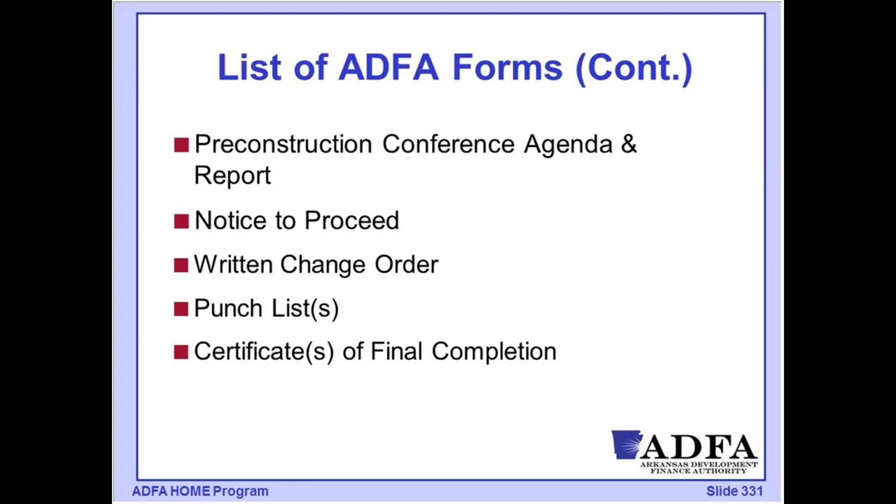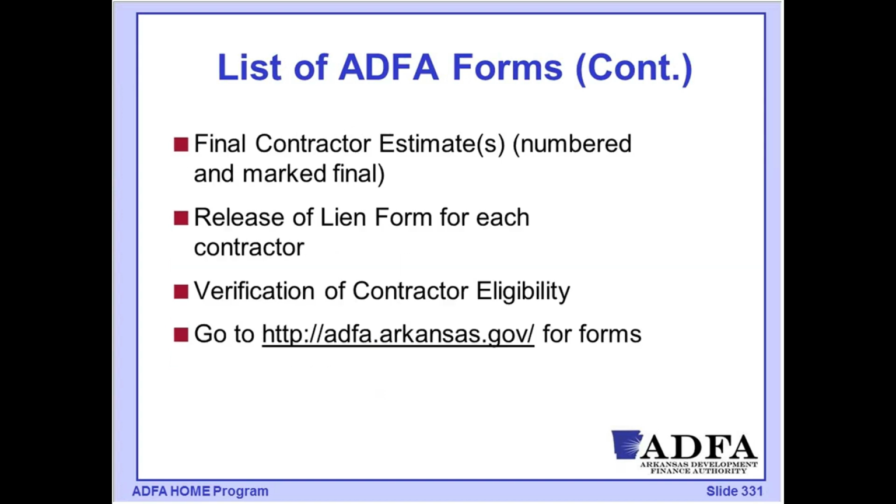And then there are standards for an agenda and a report for the pre-construction conference, for the notice to proceed that would be issued, the change order forms and punch list forms, and then of course the certificate of final completion for each of those projects. There is a final contractor estimate that can be used.